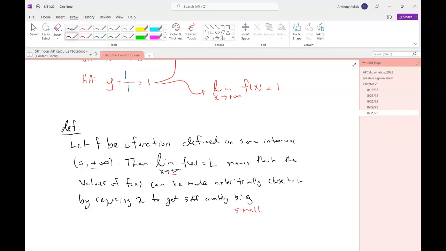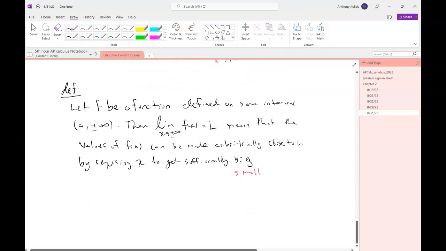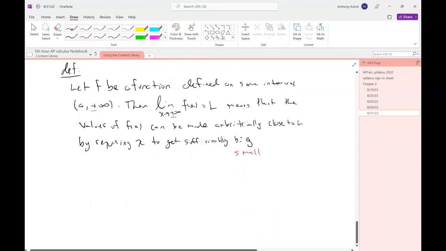Now, when you read this, was this sounding a lot like something? L sounds a lot like a line the graph approaches but doesn't ever touch. Sounds a lot like an asymptote, right? And because L is a y value, this would be like a horizontal asymptote. So again, we can now recast our definition for a horizontal asymptote.